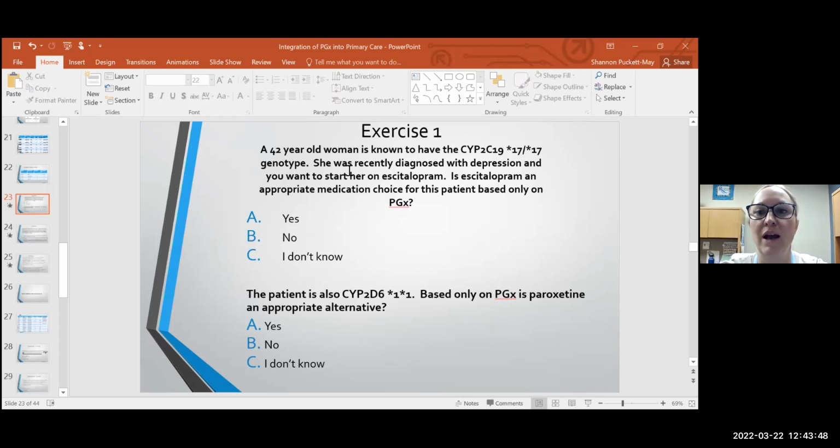Does anyone have a knowledgeable guess on her phenotype? How would you find that information? You could go to the SSRI guideline, or you could find escitalopram on Genes and Drugs in CPIC, or you could look at escitalopram in PharmGKB.